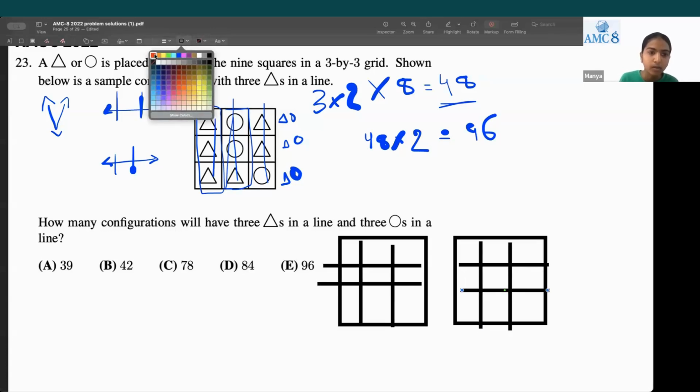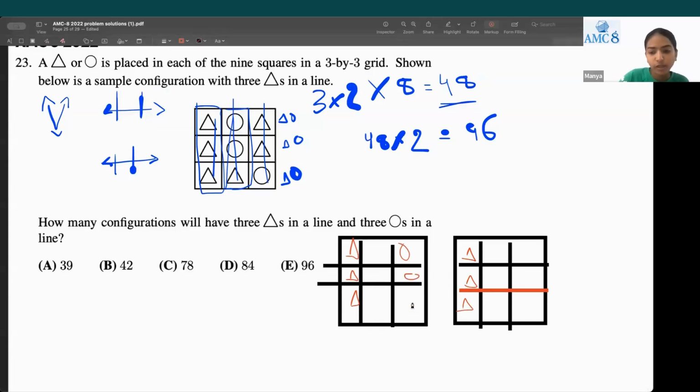So here, suppose that we have a triangle, triangle, triangle, triangle, triangle, triangle. And then we also have circle, circle, circle, but instead of placing the circle there in this grid, we're going to place it in the middle.